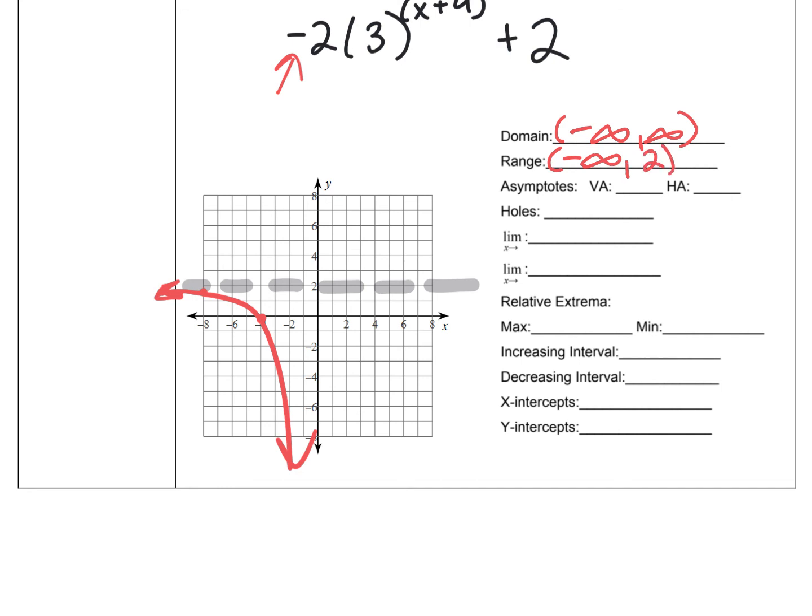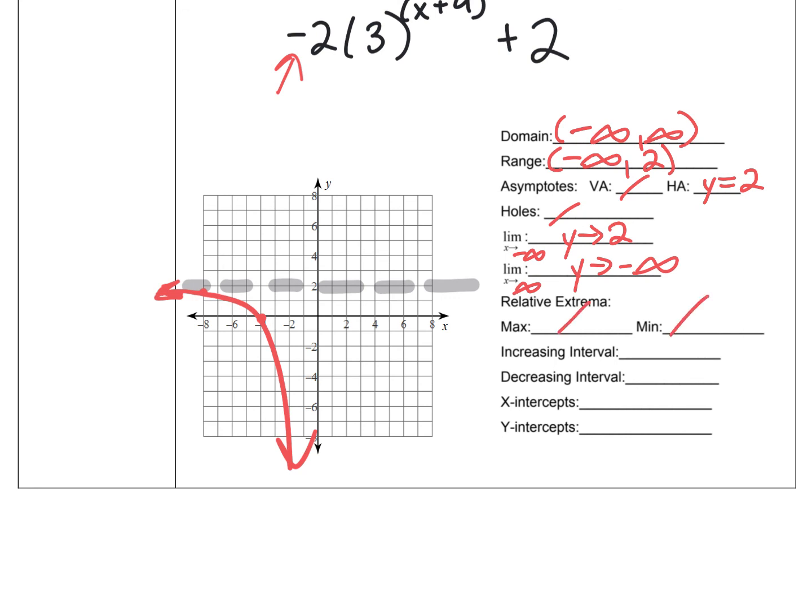The vertical asymptote isn't 1. Horizontal asymptote, y equals 2, good. Holes, no. Limits: as x goes left, it looks like y is approaching 2, and as x goes to the right, y is going down forever. Max or min? Neither.